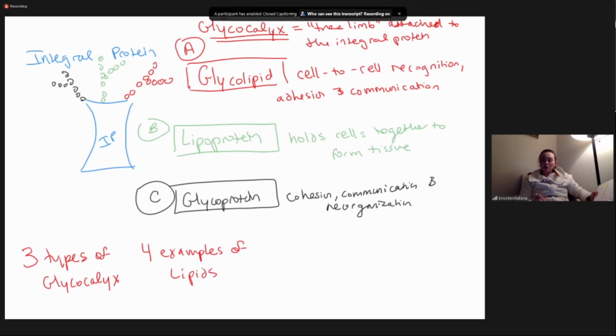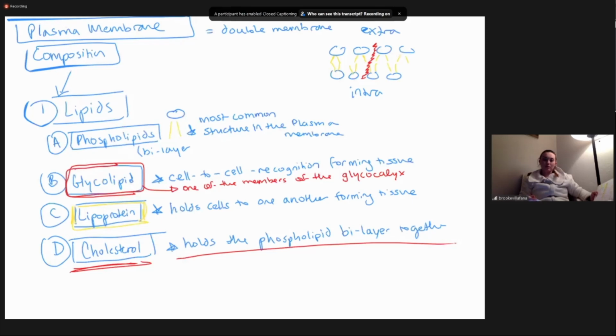So if the question is asking you about the glycocalyx, you would know glycolipid, lipoprotein, glycoprotein. But if the question is asking you about lipids, you would know phospholipids, glycolipid, lipoprotein, cholesterol. If the question is asking you what is a glycolipid, you would know a glycolipid is part of the glycocalyx and it's a lipid.